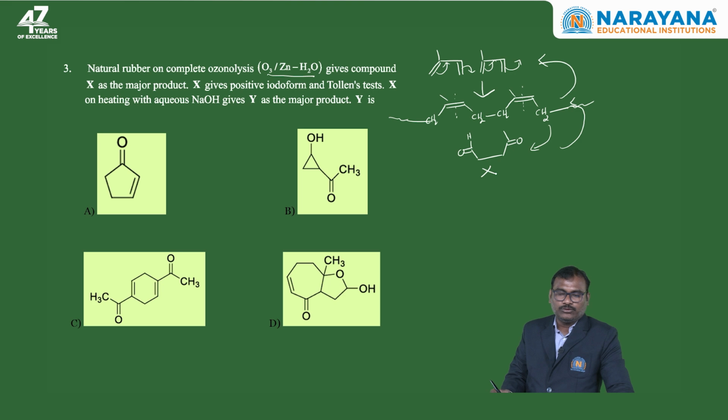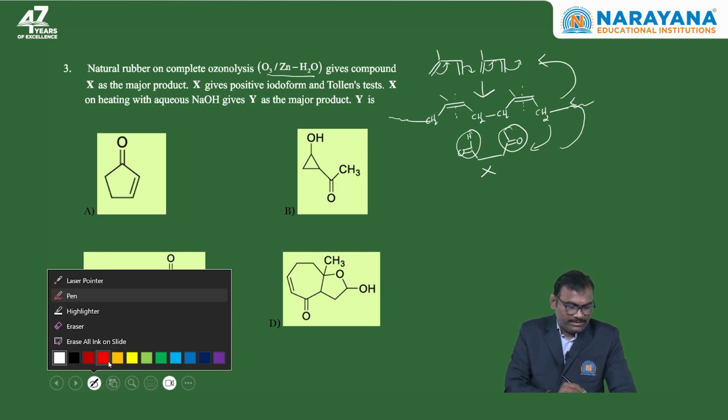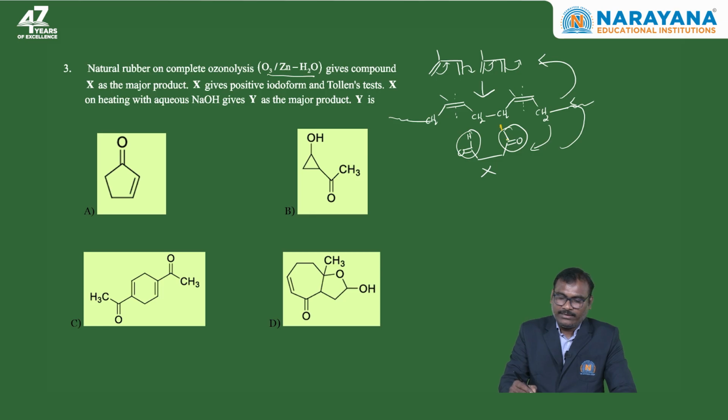So, this is the compound X you are getting. X gives a positive iodoform test, yes, because of the methyl ketone, it gives a positive iodoform test, and because of the aldehyde, it can give the Tollens test. Now, X upon heating with sodium hydroxide solution, which means an intramolecular aldol condensation. Then what is the possibility? 1, 2, 3, 4, 5.